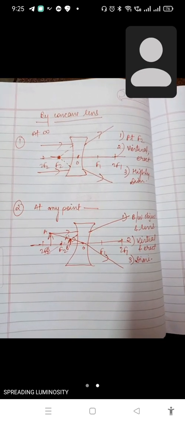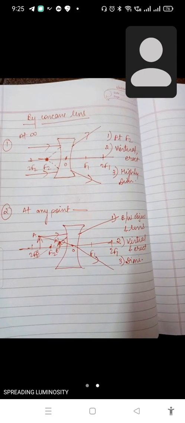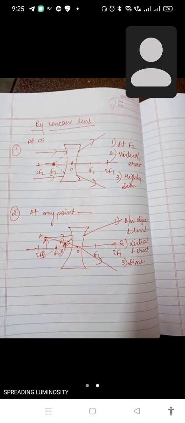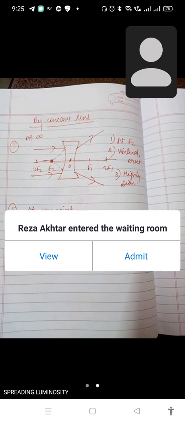So these are the differences between concave and convex lens and the formation of their images. Okay, so I hope you all have understood. Is there any problem in any ray diagram? The diagram which I explained on that day, means yesterday.